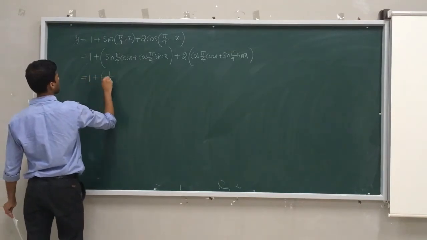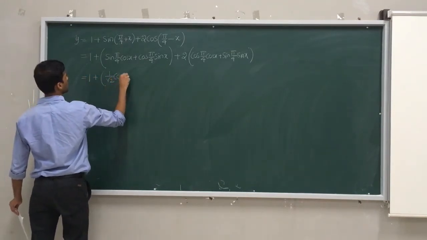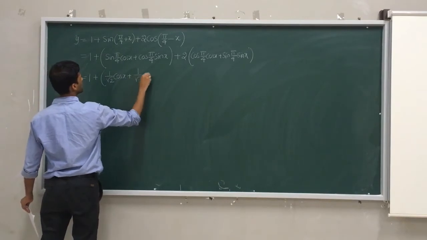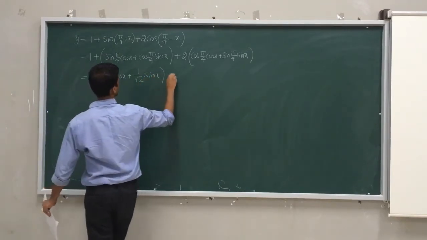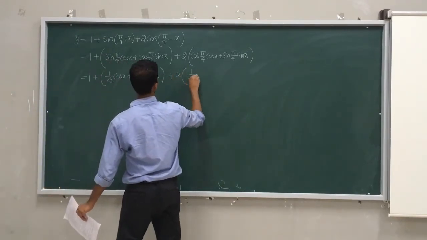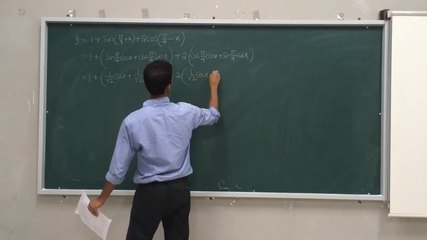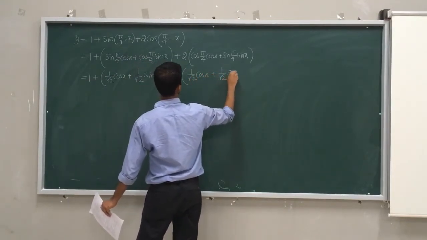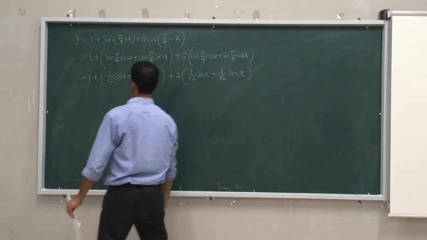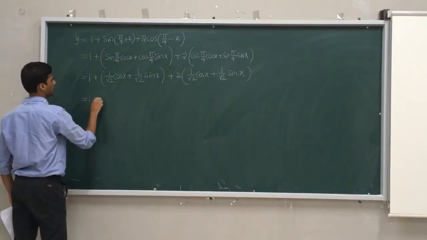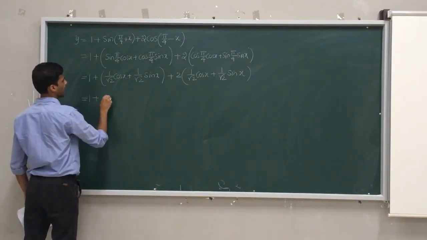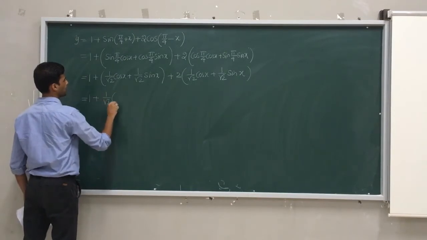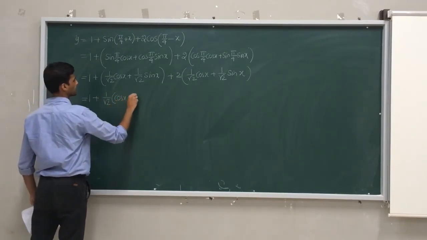1 plus sin 45 is 1 by root 2, times cos x, plus 1 by root 2 times sin x. So when you work out here, it is 1 by root 2 cos x, 1 by root 2 sin x. Then I write this as 1 by root 2 common times cos x plus sin x.